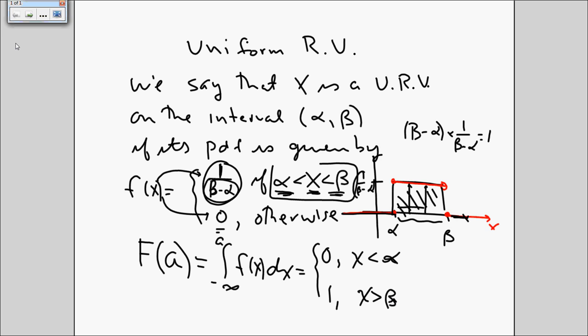Now, what if x is in between alpha and beta? I've been making a silly error, nothing major. I should be saying the letter A, not X. We're adding up all the area up to A. Now, what if A is between alpha and beta?